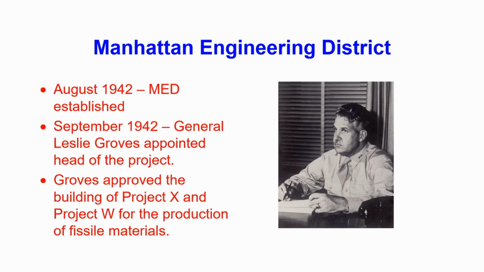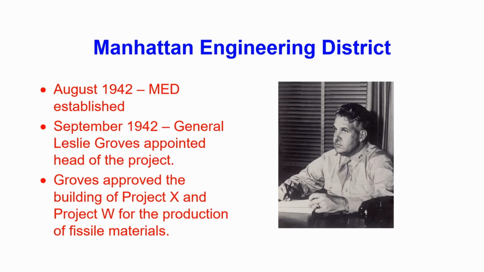And so the Army took over, and they were then identified as the Manhattan Engineering District because the first person who was in charge of this, Colonel Marshall, had his office in Manhattan, New York. And so the idea was you name it from wherever your office is. And so this was called then the Manhattan, or MED for short.